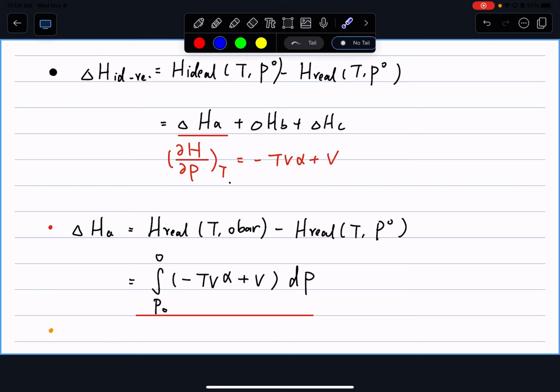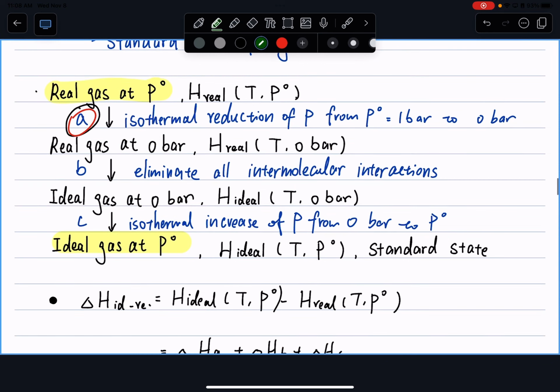Now we have our real gas at 0 bar at that certain temperature. Our next step is eliminating all the intermolecular forces. This one is a little bit more qualitative.